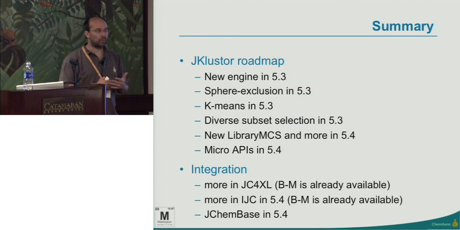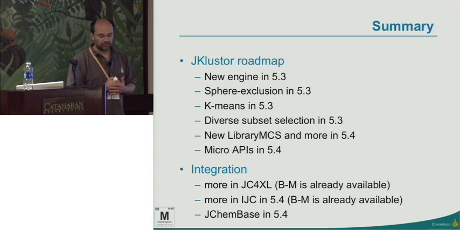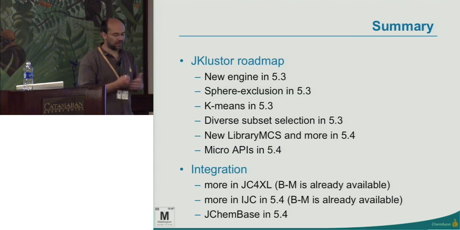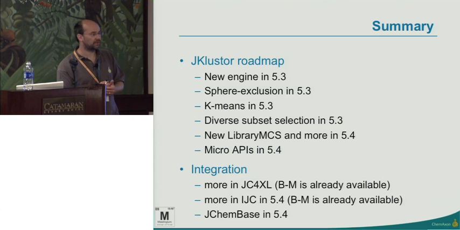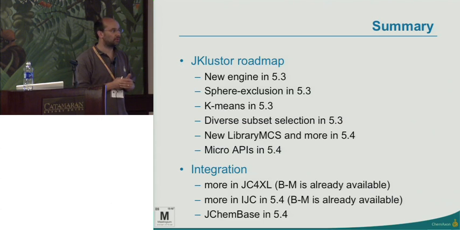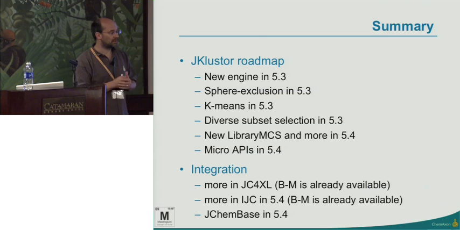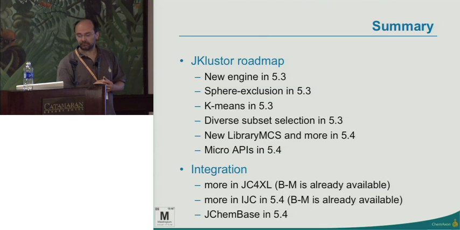Another quite well-known and popular algorithm, the k-means, will also be part of 5.3. We will also implement diverse subset selection when you feed in your data and you want to have just 100 or 1,000 or whatever, a small number of picked compounds that are as diverse as possible.